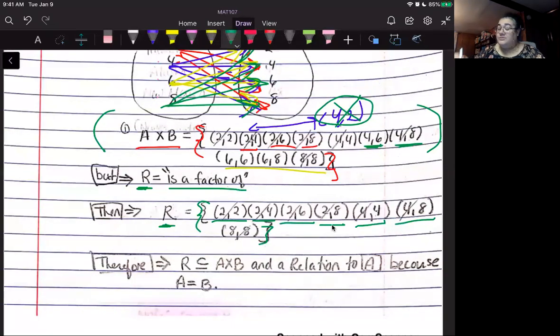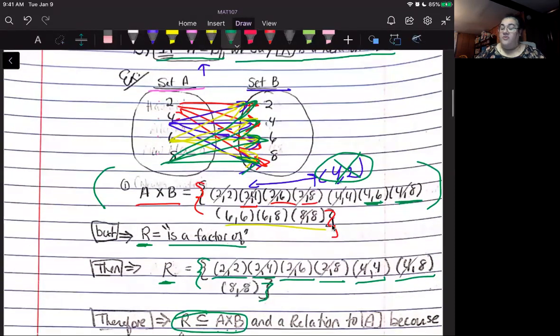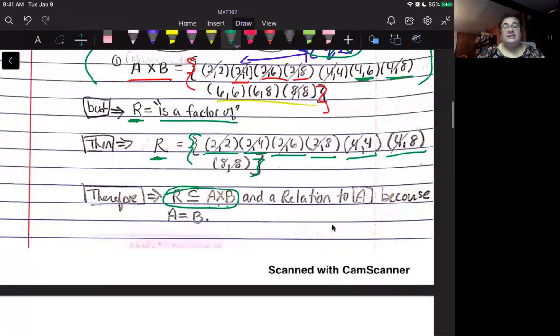Now, because we've created our subset, right? R is indeed a subset of the Cartesian cross product of our original set A and set B. And because in the beginning we knew that set A and set B were equal to each other, we can also state the last part of the definition, which is that R is a subset of the Cartesian cross product of set A and set B, and it is a relation on set A. Why?